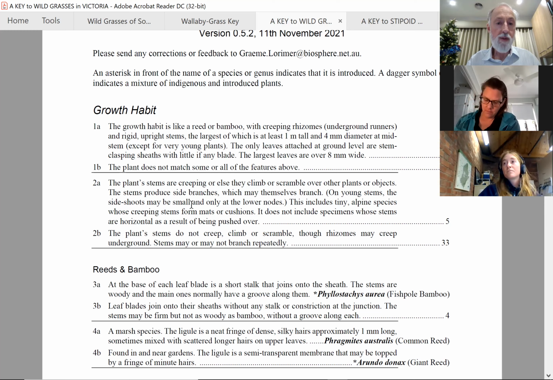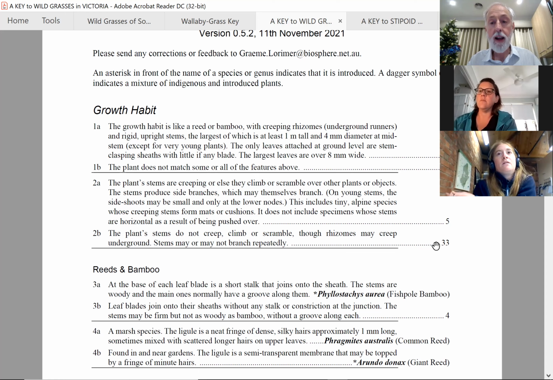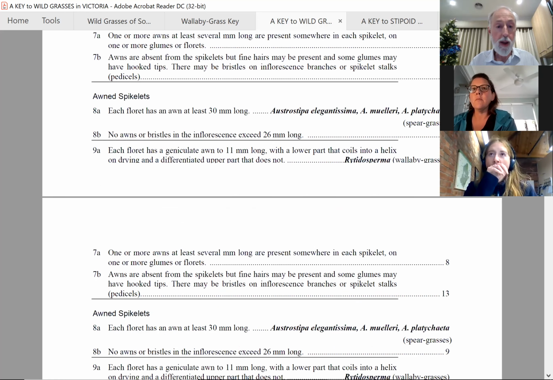It goes on, the stems produce side branches. I see no side branches. So it falls down on all of that stuff. So on the same basis as couplet 1, to save time, I'll skip over the rest of that. 2B says that plant stems do not creep, climb, go to 33. So let's zip down to couplet 33.